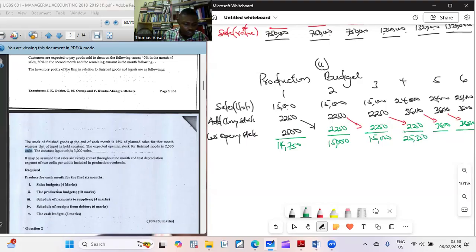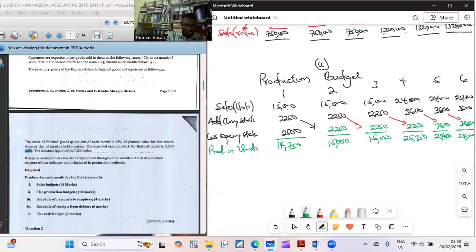All right, that's what you gave me. Then the next one too is 24,000. That is the production in units. So basically, that is what you have in units.